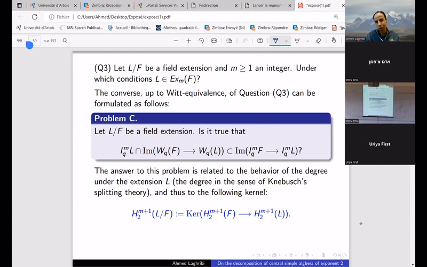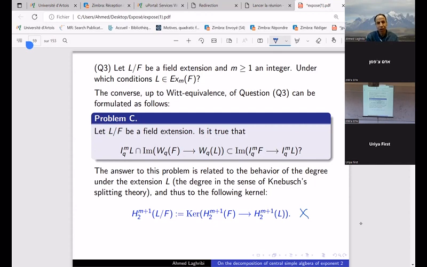This problem C is related to the behavior of this invariant, the degree, under field extensions. In fact, it reduces to this kernel in the setting of Kato cohomology. So if you can answer this kernel for L, we can say something for this problem C.